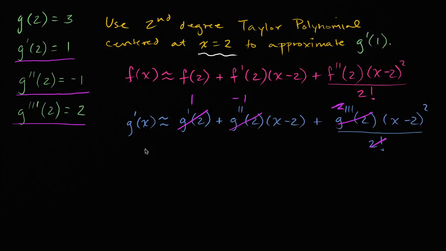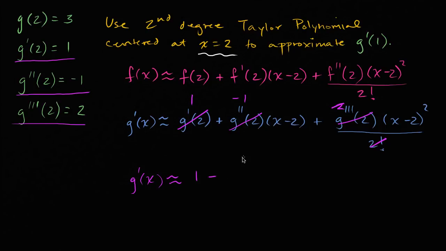So what are we left with for our second degree approximation of g prime of x centered at x equals 2? We are left with g prime of x is approximately equal to 1 minus x minus 2.